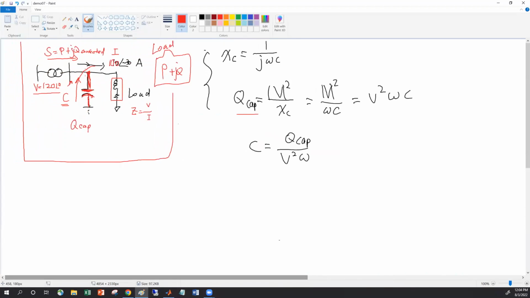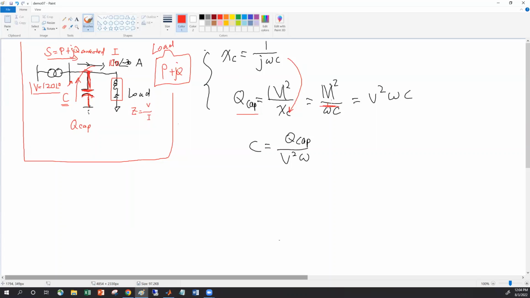The voltage across it is simply this value, right? And then divided by XC. XC equals this, so you can put them right here. If that's the case, then this would be divided by 1 over omega C, okay?